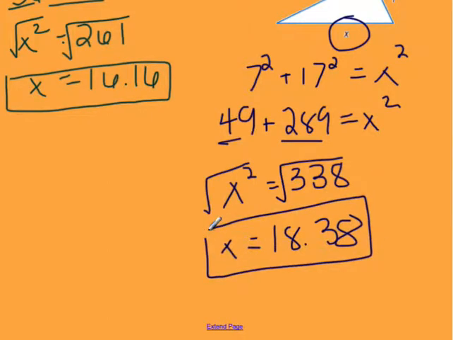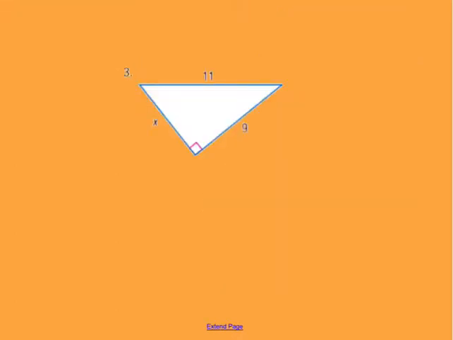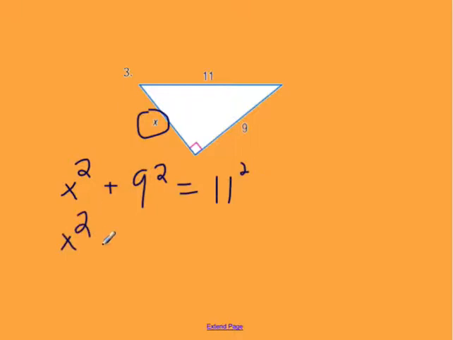Next, let's take a look at number 3. For number 3, we want to use that Pythagorean theorem. What I notice now is that one of my legs is my unknown. So I have a leg and a leg, and I actually do know my hypotenuse. So I'm still going to plug it into the formula. I'm just going to solve it a little bit differently. I don't know what x squared is. 9 squared is 81. 11 squared is 121.